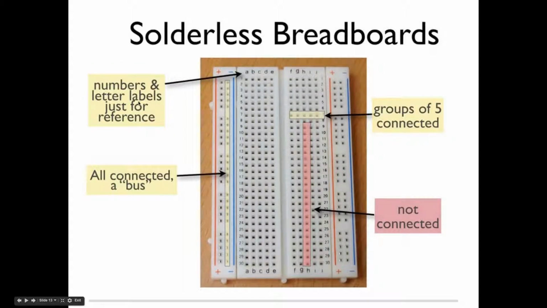Now, we have our breadboards. Breadboards allow us to do some experimenting, prototyping, etc. with creating circuits. Now, if you notice, there are letters and numbers that run on these, showing you that you have positive and negative sides, as well as helping identify.